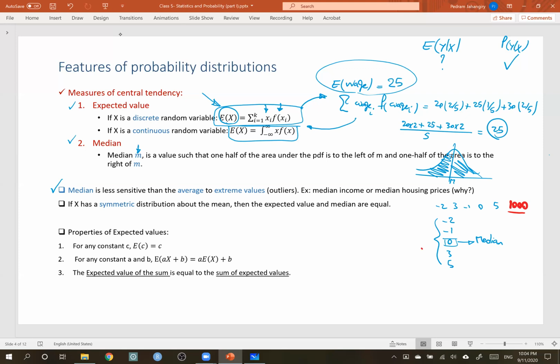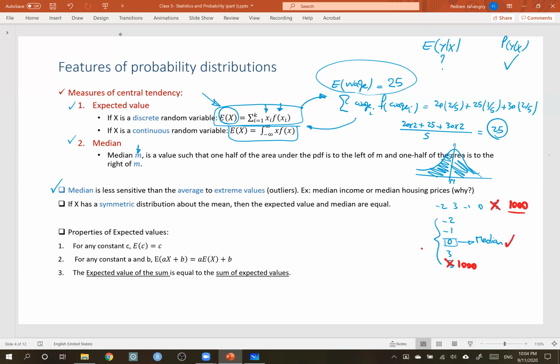Let's see how it affects. Let me first, for sake of argument, get rid of this 5 because I want to make sure that our median is the same, right? So if this is my new set of data, -2, -1, 0, 3, and 1,000, what is the median? Still 0.